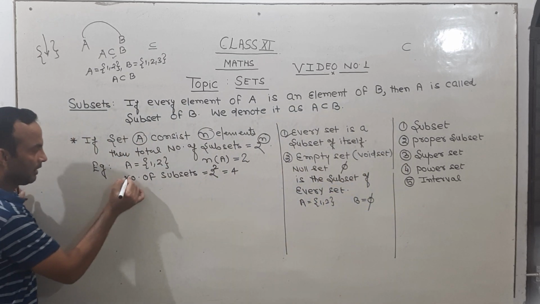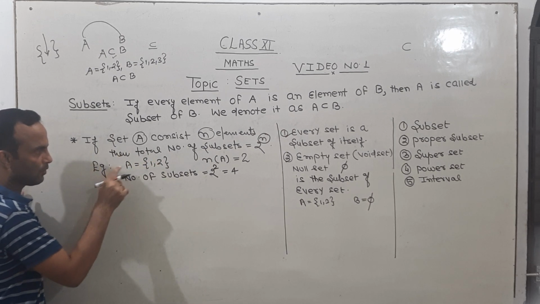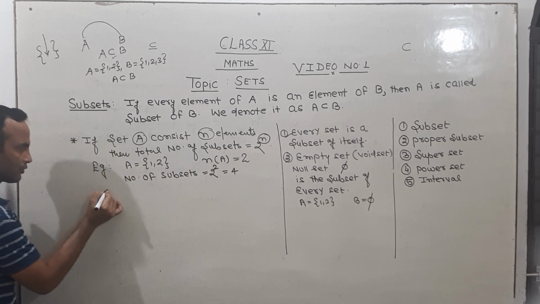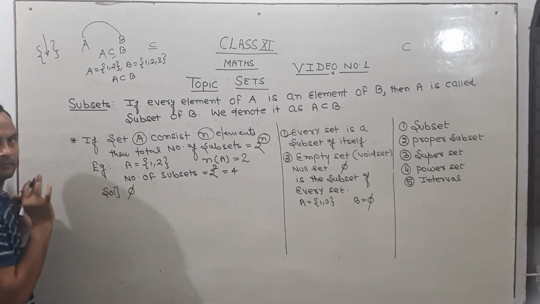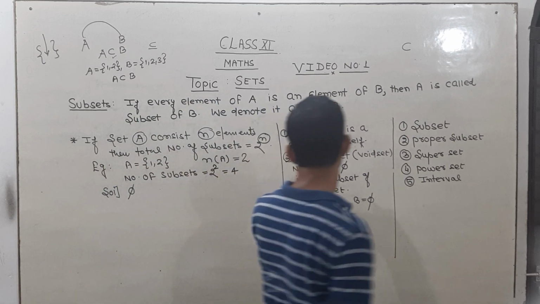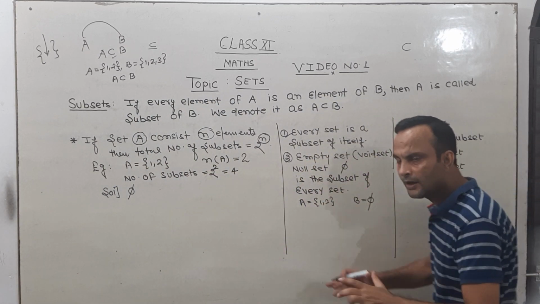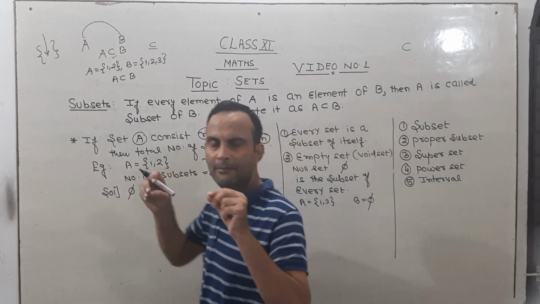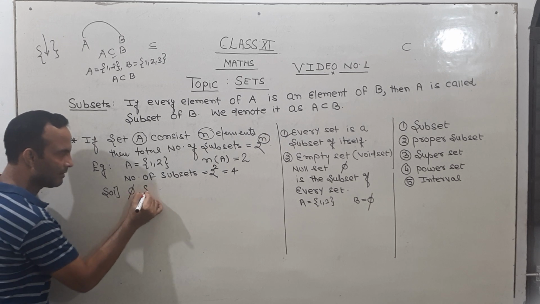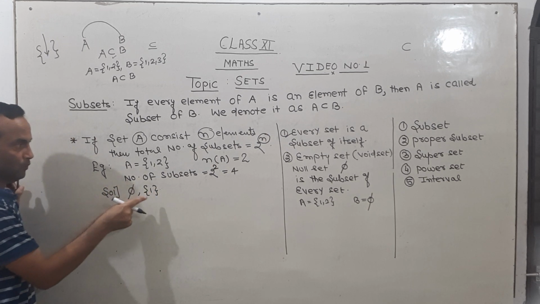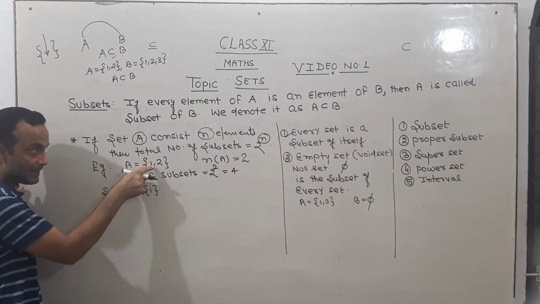मान लीजिए the question is that write the total number of subsets of the given set. The solution is what? Number 1 is ∅. Because we have already discussed that empty set is the subset of every set. कोई भी set दे दिया जाए, empty set उसका subset होगा. Second, 1 is the subset of 1, 2. भाई ये subset इसका है कि नहीं?